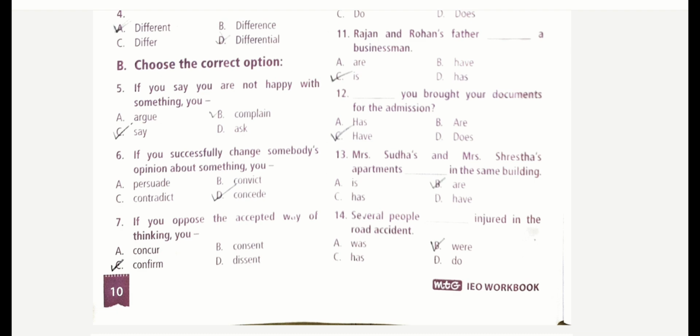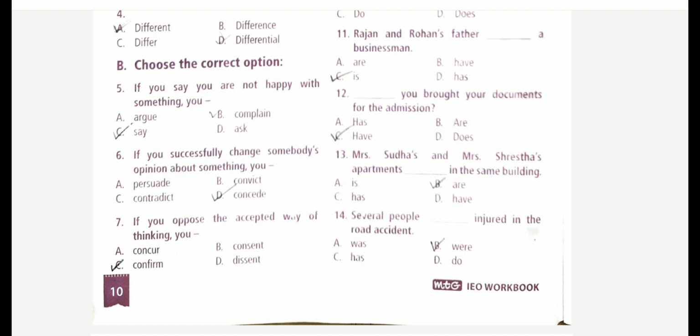Question number 13. Mrs. Sudha's and Mrs. Shrestha's apartments dash in the same building. So the options you see are is, are, has and have. Here the correct answer is B, are. The reason are is the correct answer is due to subject verb agreement. In the sentence, we are talking about the apartments of two different individuals, Mrs. Sudha and Mrs. Shrestha.